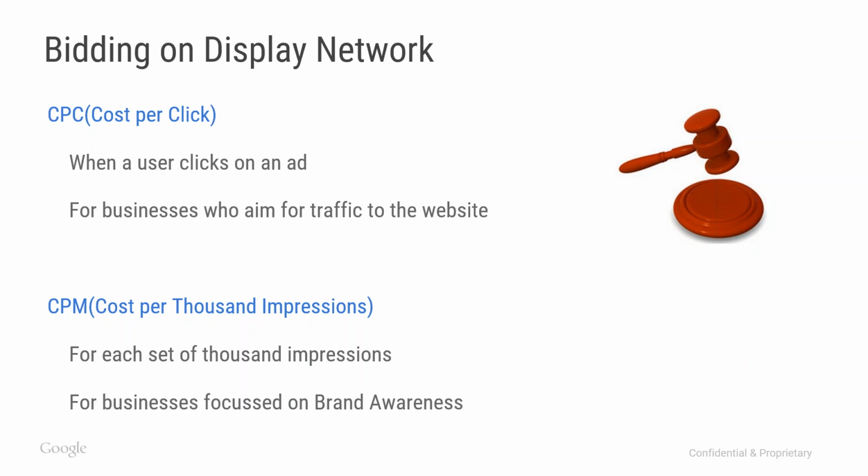So just to do a quick recap, on display network, you can show both text ads and banner ads. You have access to millions of websites, but you can go as niche as possible by using the different targeting options. And if I think about the consumer funnel, if you would want to increase reach or influence consideration or spread your message across to a larger set of audience, that's when I would go for display network.